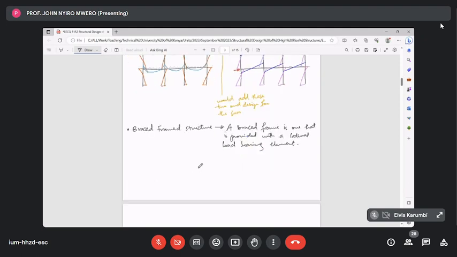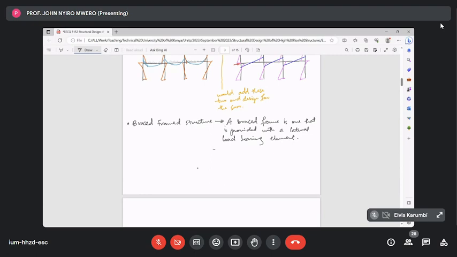This element can either be a shear wall, for reinforced concrete structures generally, or some cross bracings for steel structures.